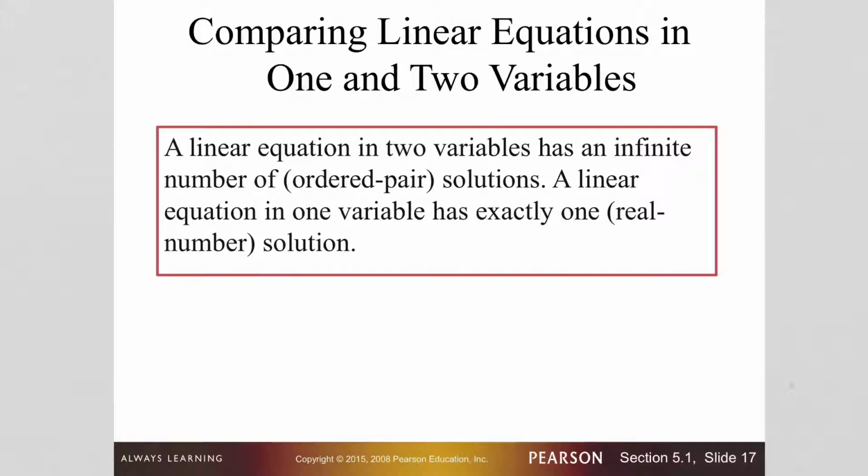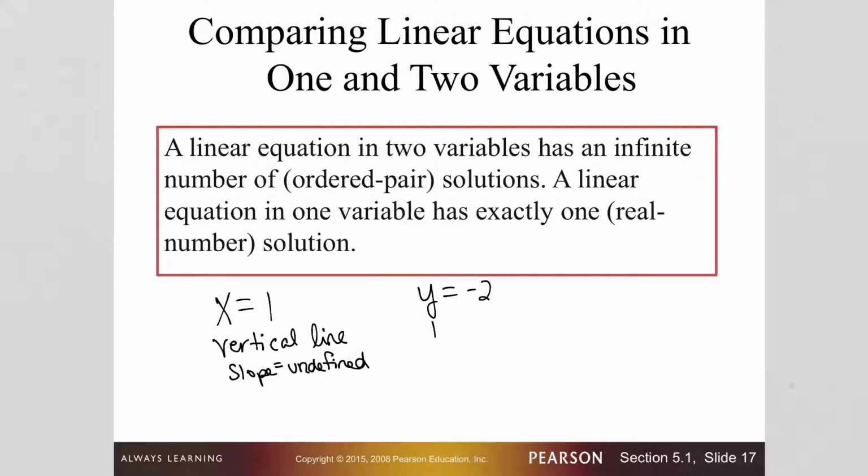Okay, so if I compare linear equations in 1 and 2 variables, if you'll remember correctly, whenever you have just an x in the equation, then this is a vertical line. It has a slope that is undefined. When you only have y in the equation, you have a horizontal line, and it has a slope that is 0.